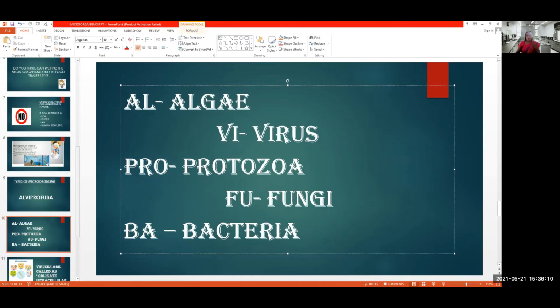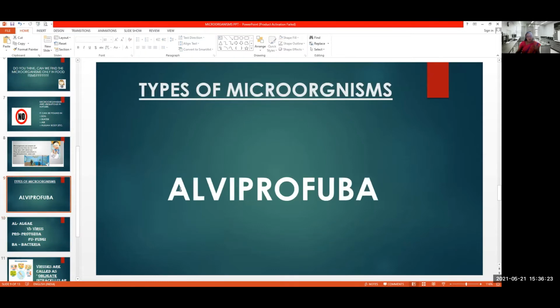In the book they are given as bacteria, protozoa, algae, fungi, and virus. To keep it in mind, I have changed it like this: Algae Profuba. Algae, VI virus, protozoa, FU fungi, BA bacteria.